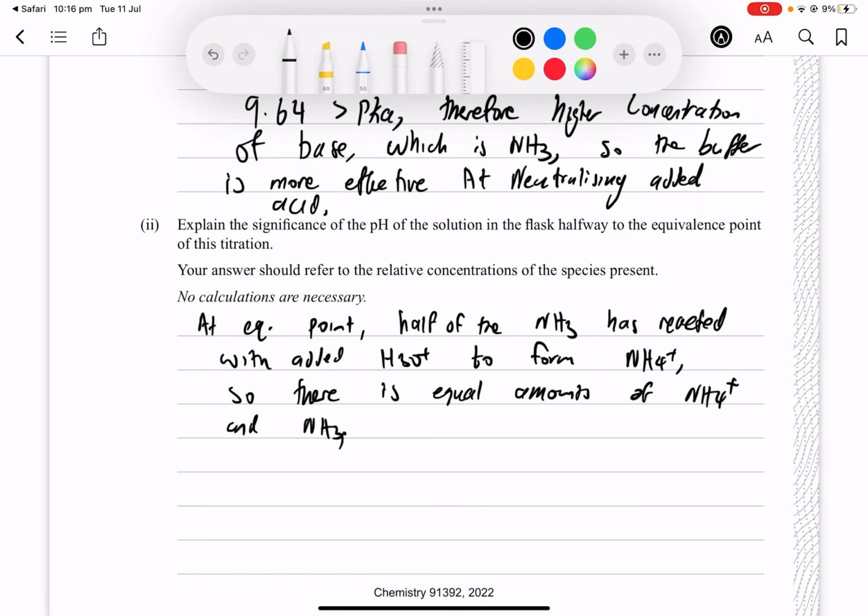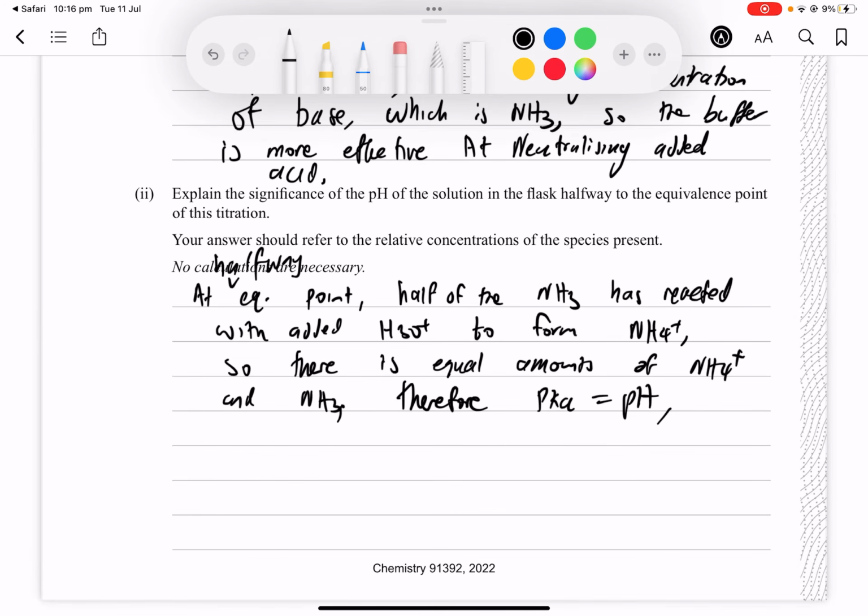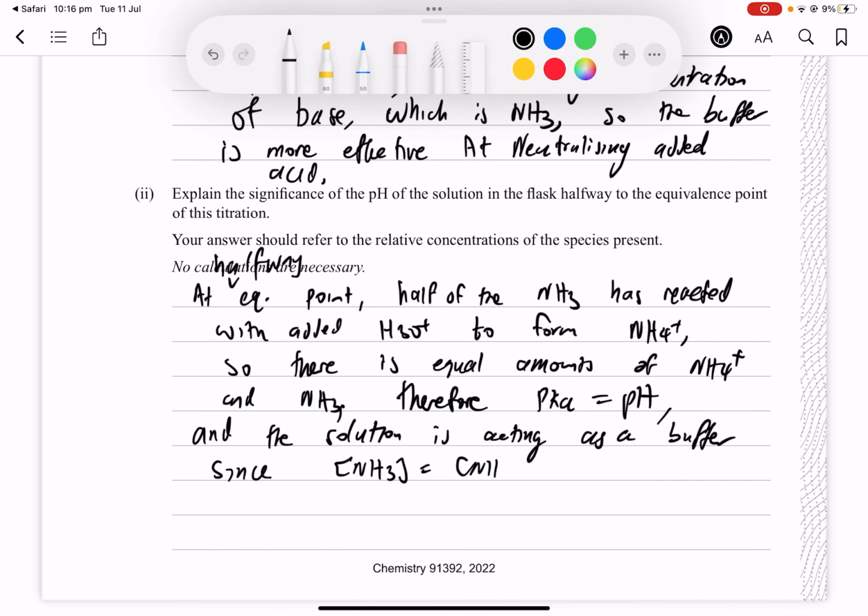Therefore, the pKa is equal to pH at halfway to equivalence point. And at this point, pKa equals pH, and the solution is acting as a buffer. So there's no significant change in the pH for small amounts of added acid or base.